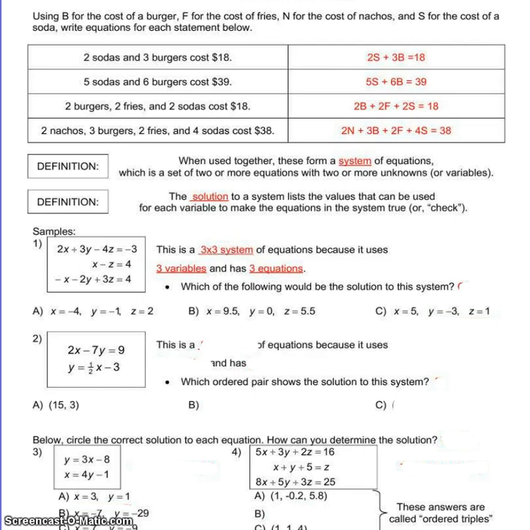For example, if I were to plug in a 5 for my x, and a -3 for my y, and a 1 for my z, I would have 5 times 2, which is 10, plus 3 times -3, which is -9.